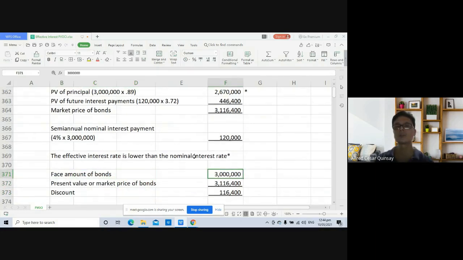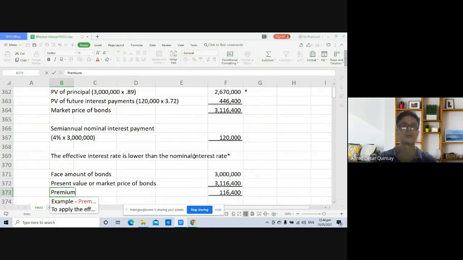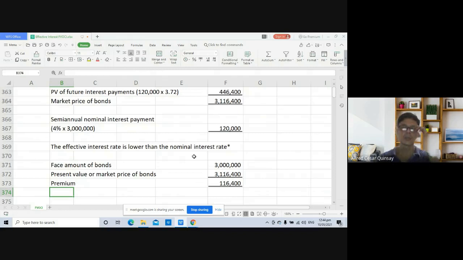So yung face amount niya na 3 million, less dun sa present value na 3,116,400, is not a discount, but a premium. Tinitingnan ko lang kung napansin mo yun. So that's 116,400. If you have any questions, you may write down your comments.